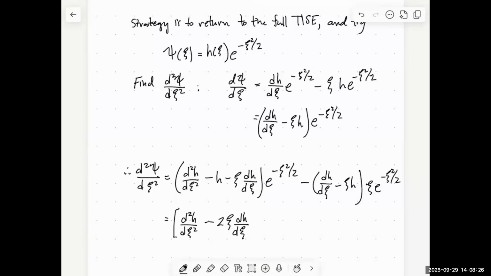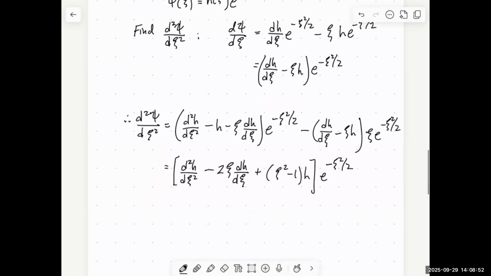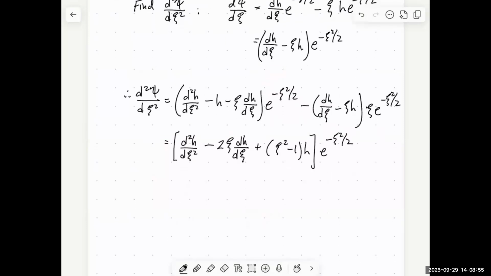We just have a minus h, and then we have a plus z times h, and with a z here, this becomes a z squared. Okay, so we get the z squared minus 1 all multiplying h, and then the exponential multiplies everything.